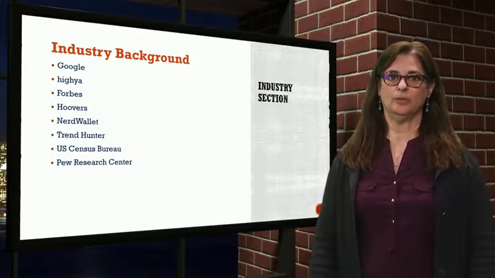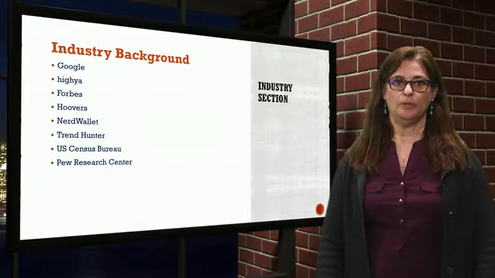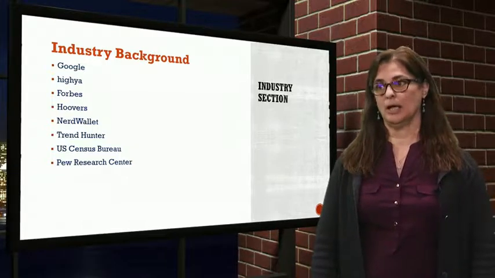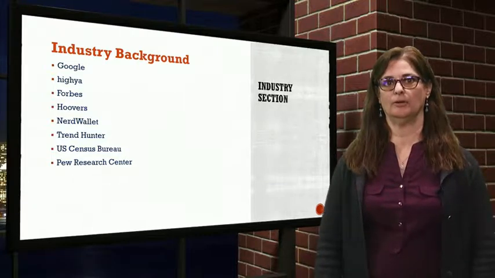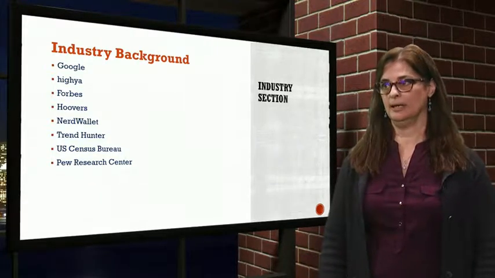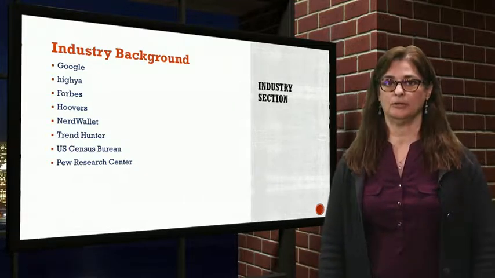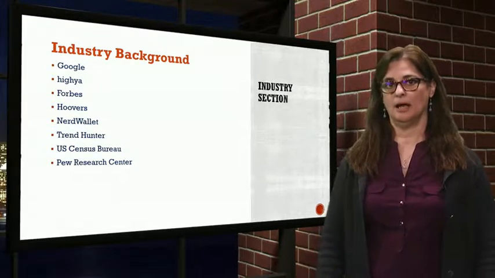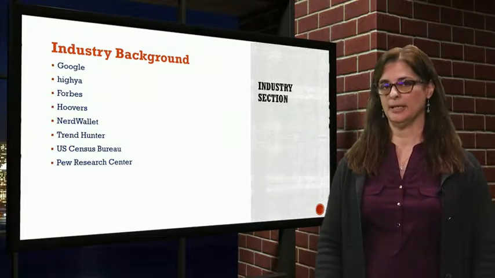The U.S. Census Bureau provides industry information that's pretty useful. And the Pew Research Center is a great website, provides a lot of information on those macro environmental factors, trends, and issues. So this is not an exhaustive list. Again, these are just some websites that other students and I have looked at and have helped with the report. So it's a good place to start.